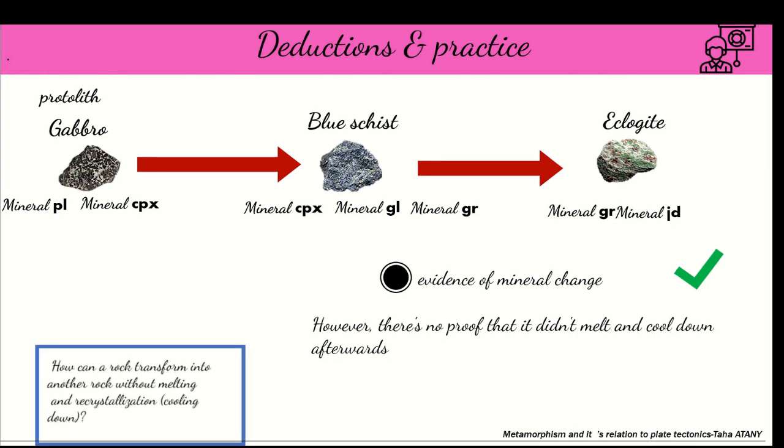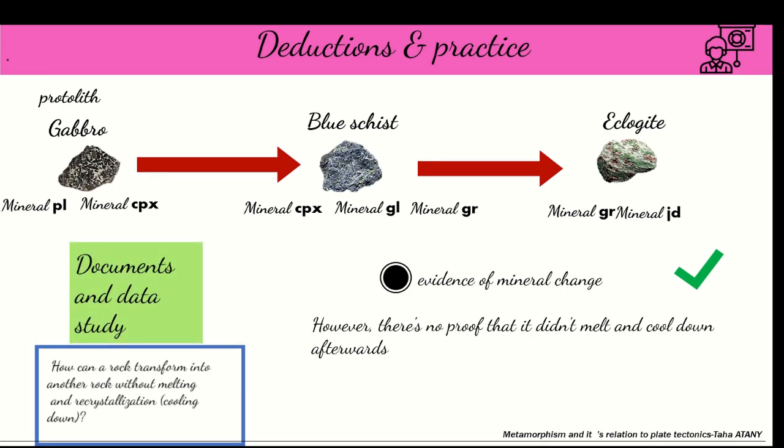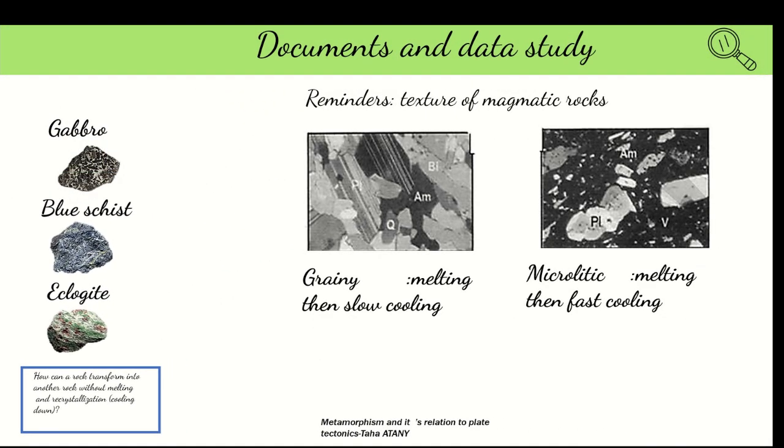And bear in mind that our topical question for this video is how can a rock transform into another rock without melting and recrystallization. So we need other documents and data to study to prove that there is no melting down. And this will go through studying the texture of rocks.